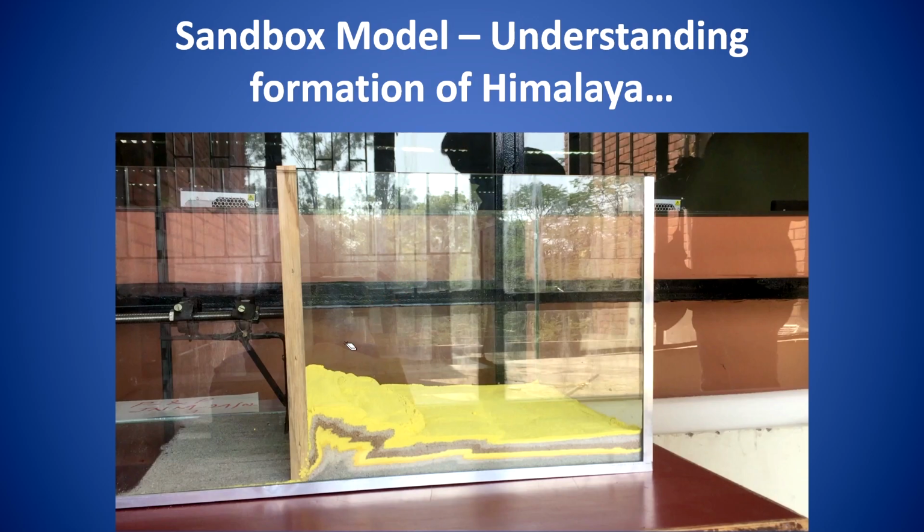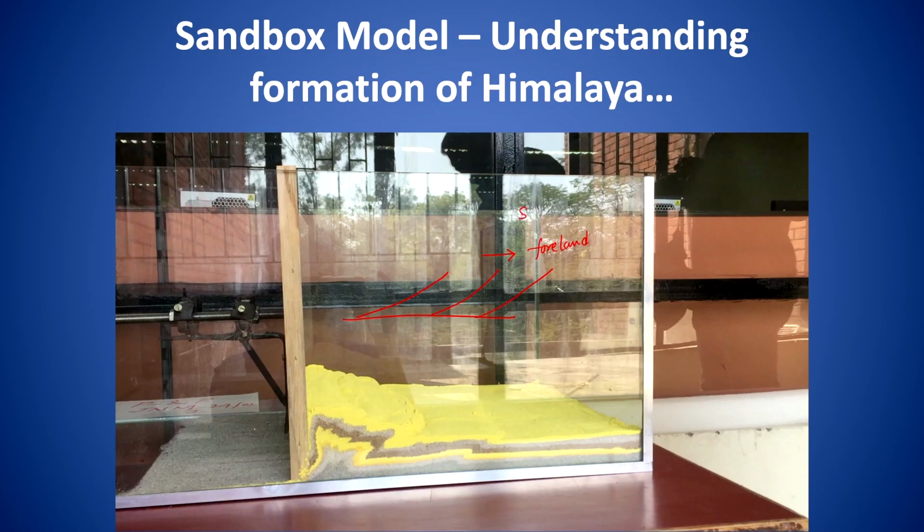So, what a steady state model explains is the formation of faults on the hinterland side. Initially these were formed, and then slowly the deformation will be taken up by the frontal fault, so the deformation will move towards the foreland side.